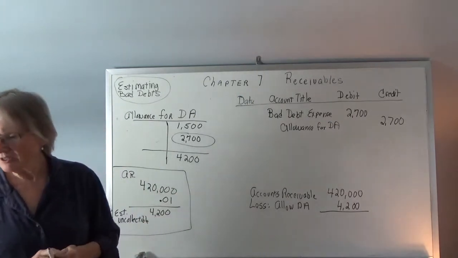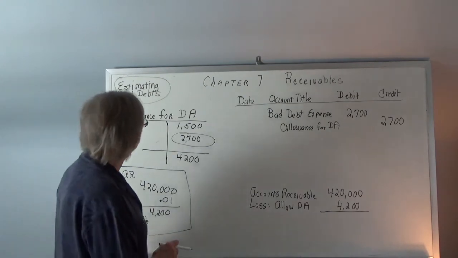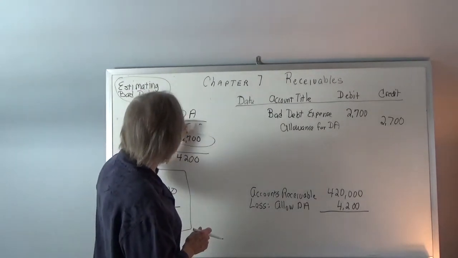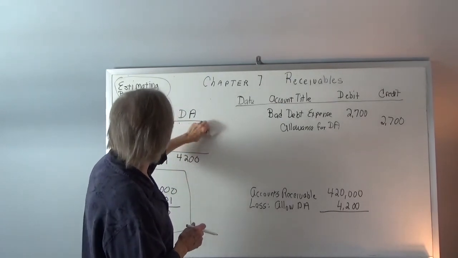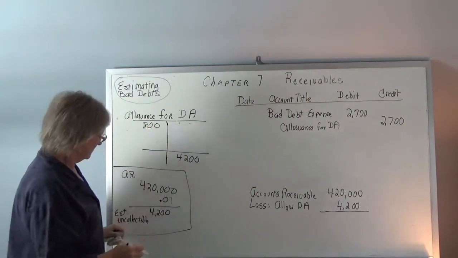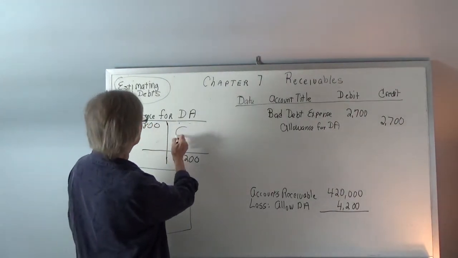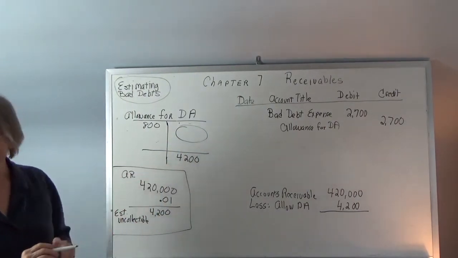All right, so let's look at this again and say instead of a balance of 1,500 in here, we had a debit balance of 800. Now the question still is, what does it take to get to this ending balance?